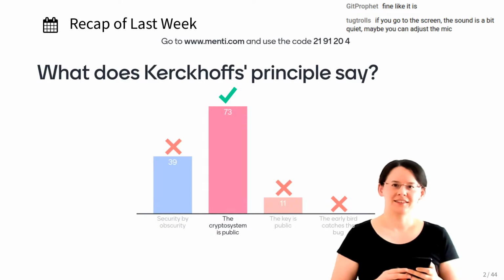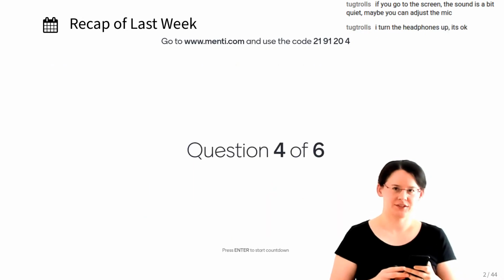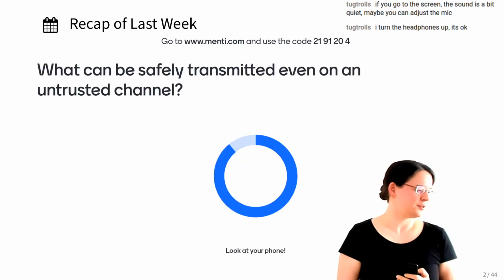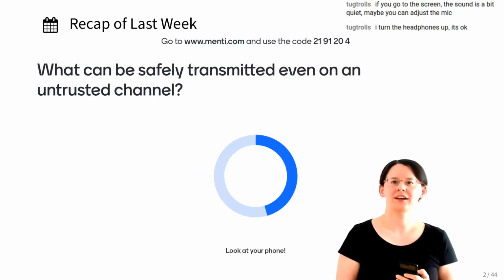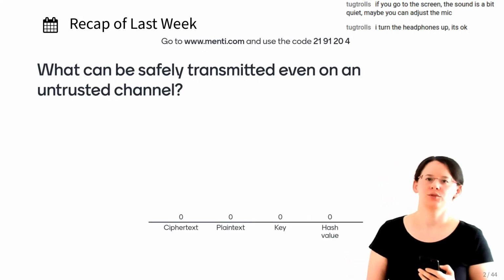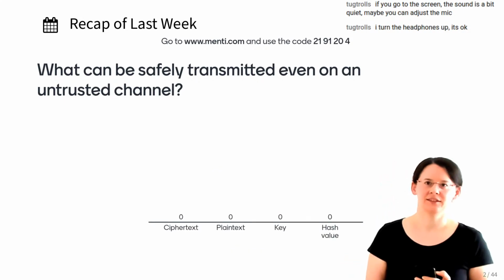Anyways, let's head to question number 4 out of 6. This is now starting to be more about cryptography, namely, what can be safely transmitted even on an untrusted channel? So which of these values is sent?